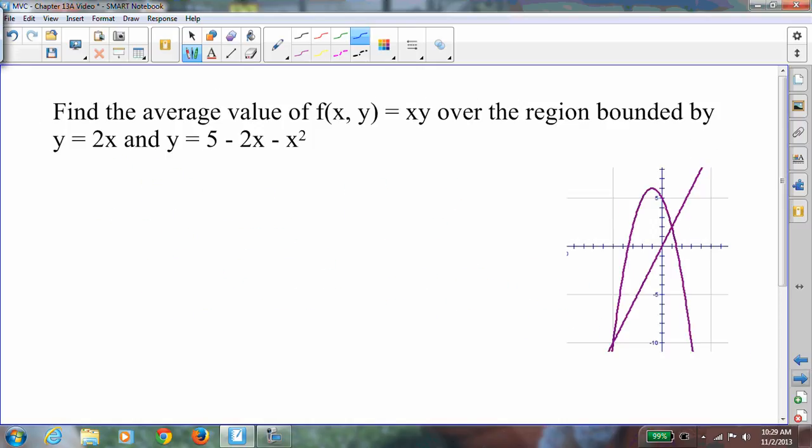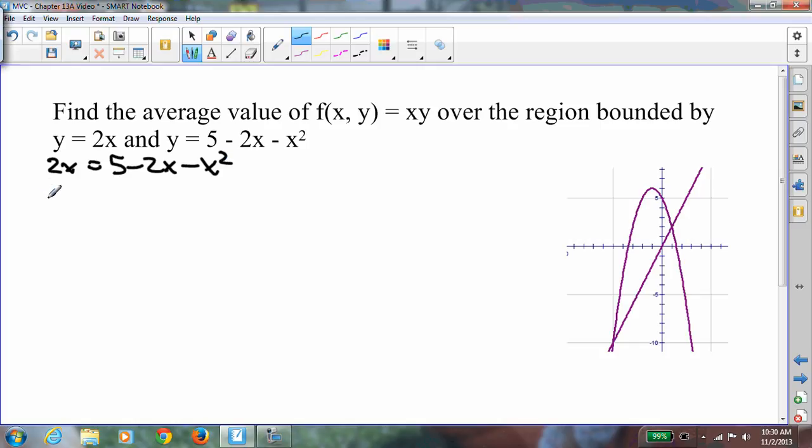Now I want to focus on just setting things up. So average value, we're going to take the volume of the solid over this particular region and divide it by the area and get the average height for this. So first thing I have to do is actually figure out where these two intersect. If I set these two equations equal to each other, I get 2x equals 5 minus 2x minus x squared.